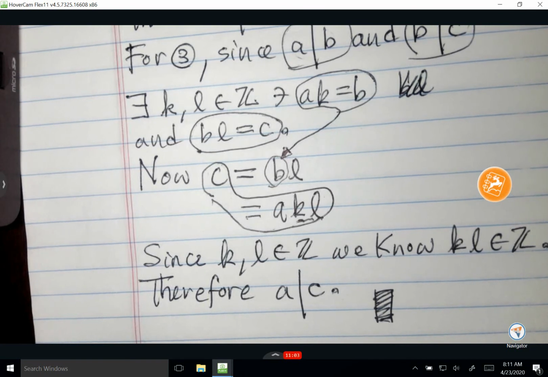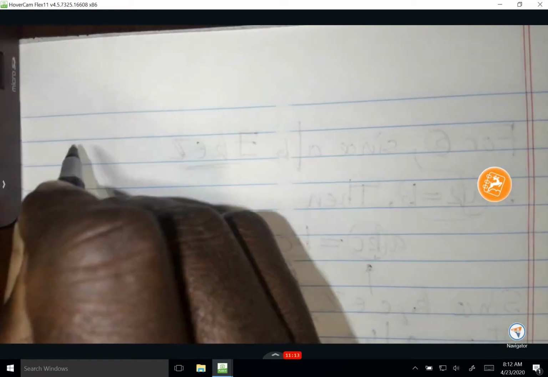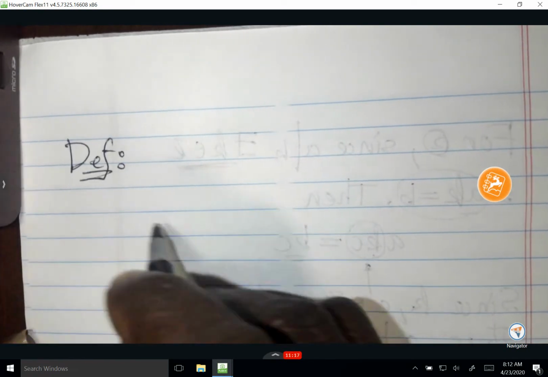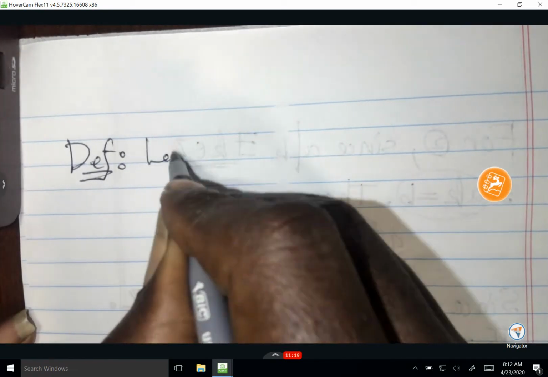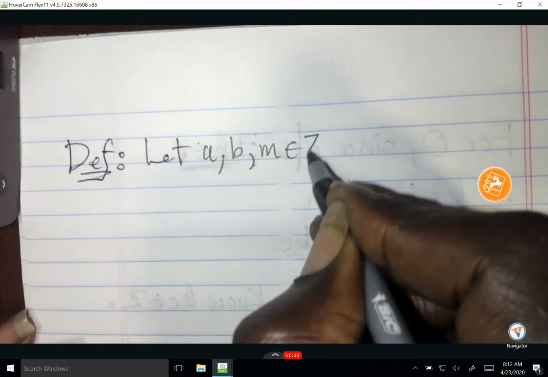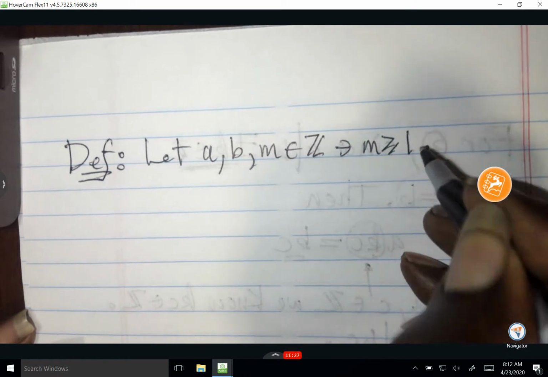Now I'm going to describe another relationship that involves division of integers. It's called modularity. So it's a definition. Suppose I have three integers. Let A, B, and M be integers, such that M is bigger than or equal to 1.